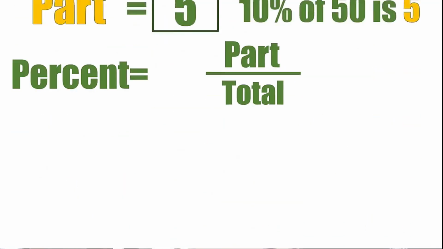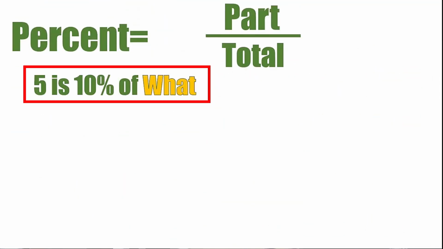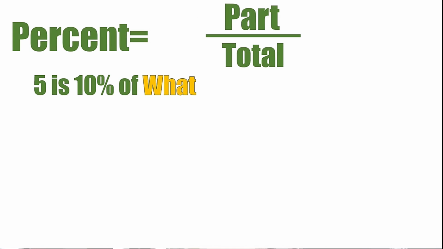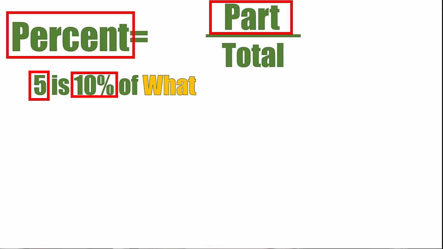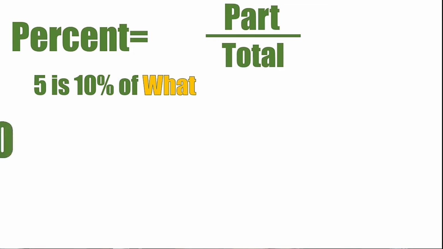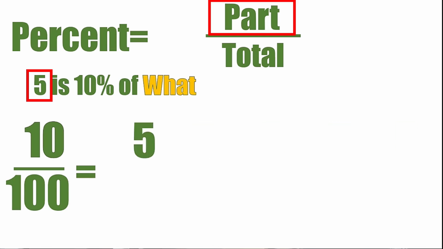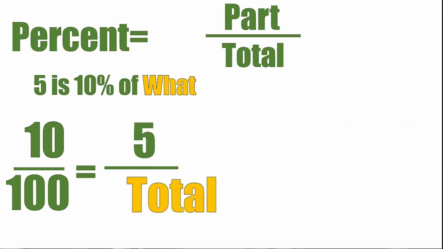Now let's also see one more example. If you are given a question like 5 is 10% of what? That means you have the percent there and 5 is actually our part, so we want to get the total. You use the same formula again. 10% is the same as 10 in every 100. So it equals part, which we have already been given, that is 5, over what we want to get, which is the total.